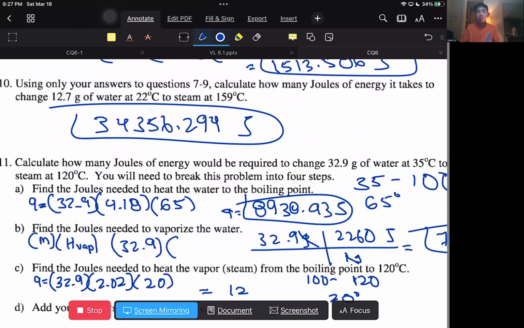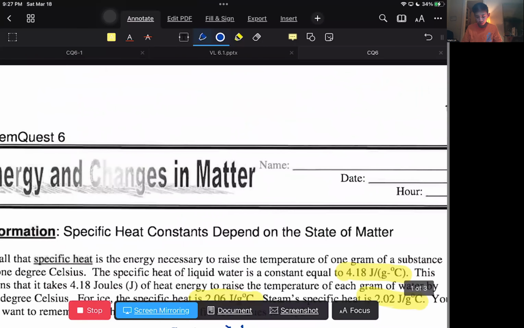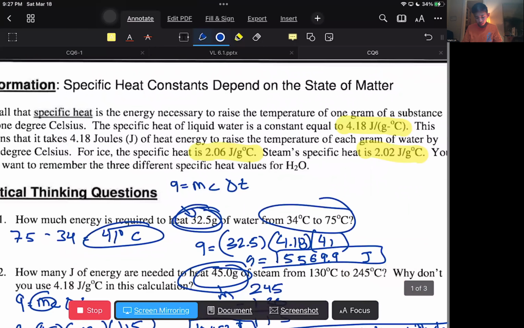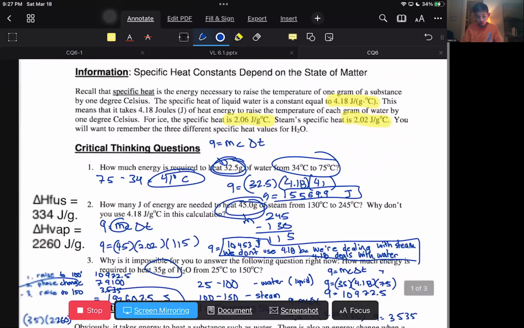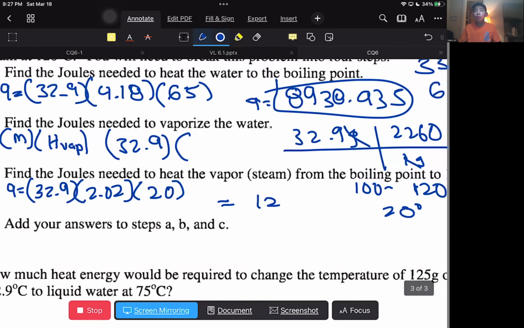Let me just check real quick. Yeah, I got it right. 1329.16 joules.